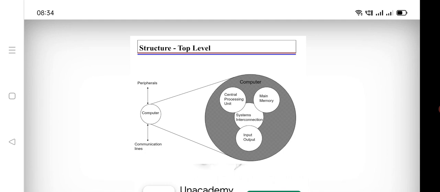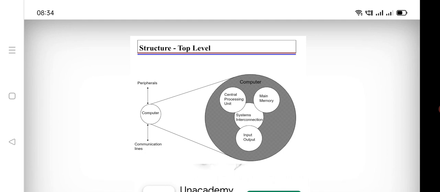Everything will be connected to this computer, and you'll have communication lines, internet connections, or audio speakers or mic. You'll connect all those things to your computers.